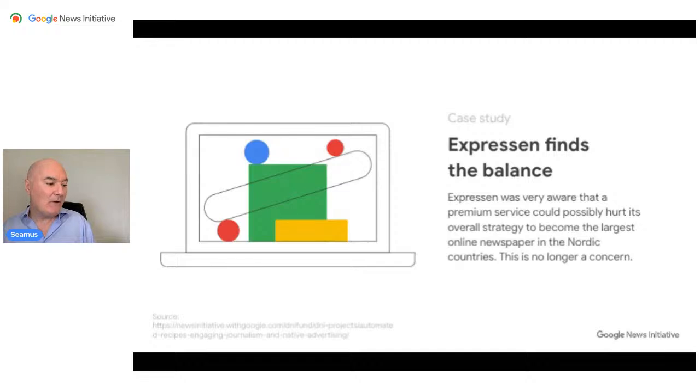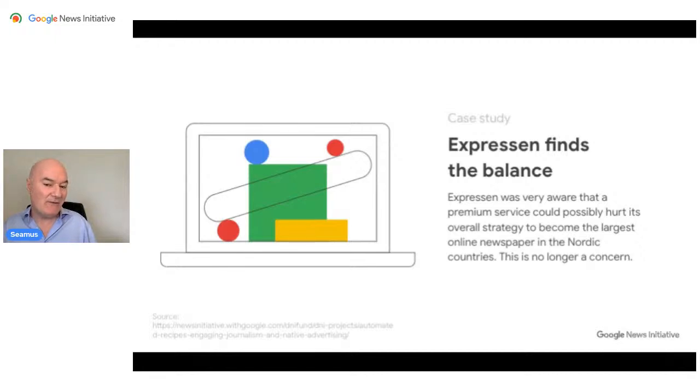And actually, at the moment now, we talk about a freemium model. So freemium. So it's this free model and a premium model mixed together. So some readers willing to pay for it, others are not, but they can keep on reading the free content like before. So freemium, we're hearing a lot about now.